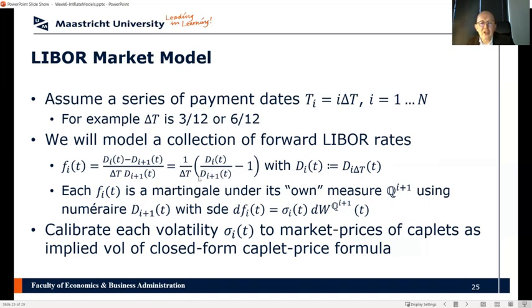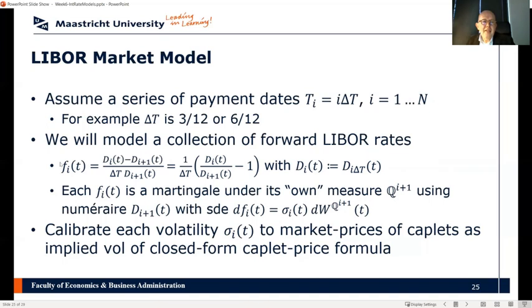So I can alternatively represent this as 1 over delta t times D_i over D_{i+1} minus 1. And again, I am simplifying the notation a little bit. So each D sub I means the discount factor with maturity date I delta t that I observe at calendar time small t.